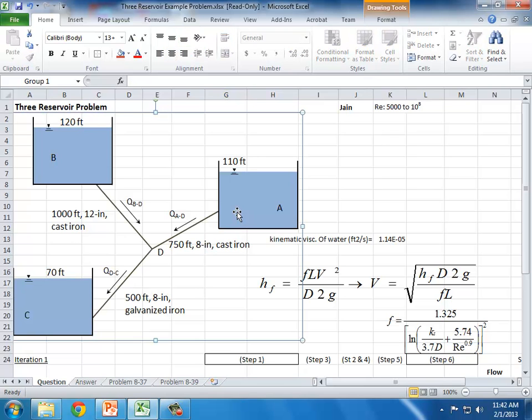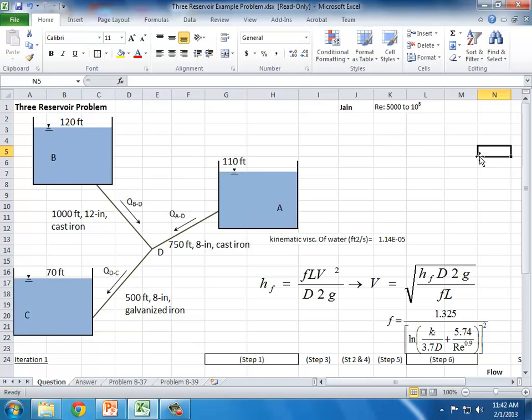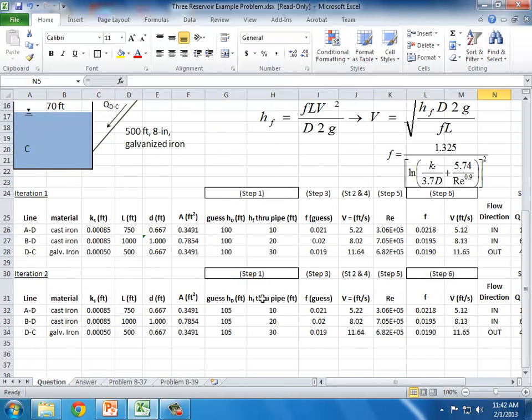Like this middle reservoir, the flow rate will be a little uncertain. If I guessed a head at D that's above this elevation of water, then that changes the flow direction. It starts sending water into A if the head at D is greater than the elevation at A. And so that would adjust these head loss formulas.